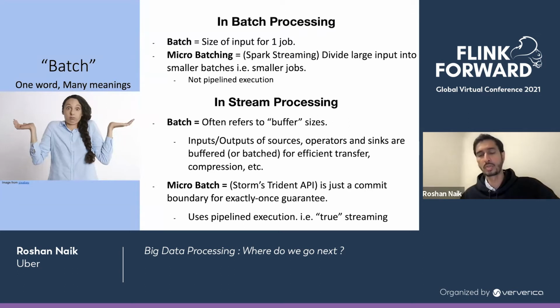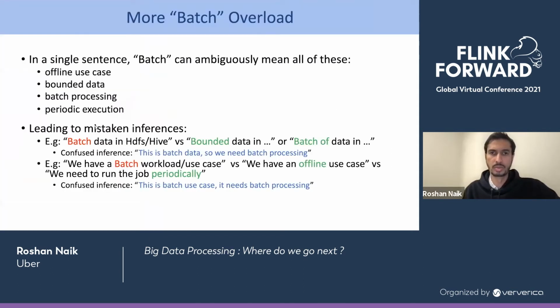The word microbatch in the world of stream processing also has another meaning, which is used by Apache Storm with its Trident API. They're referring to the boundaries in a stream on which they provide exactly-once guarantees. So in Storm, microbatch is still pure streaming. It's not actually a batch execution.